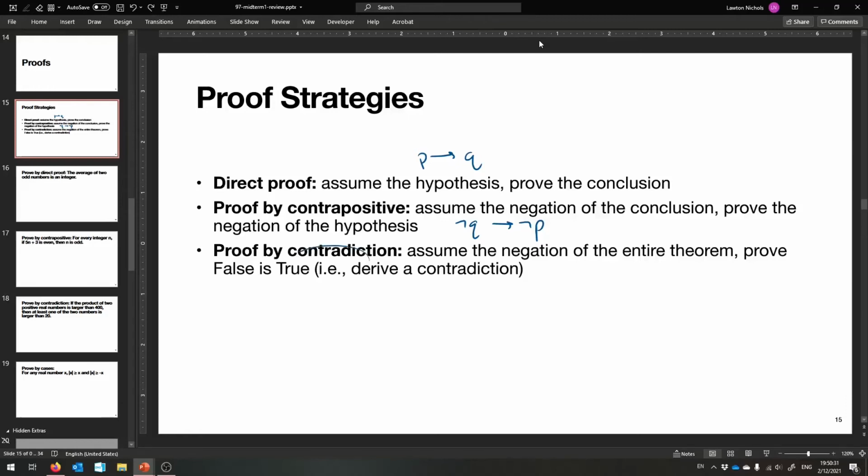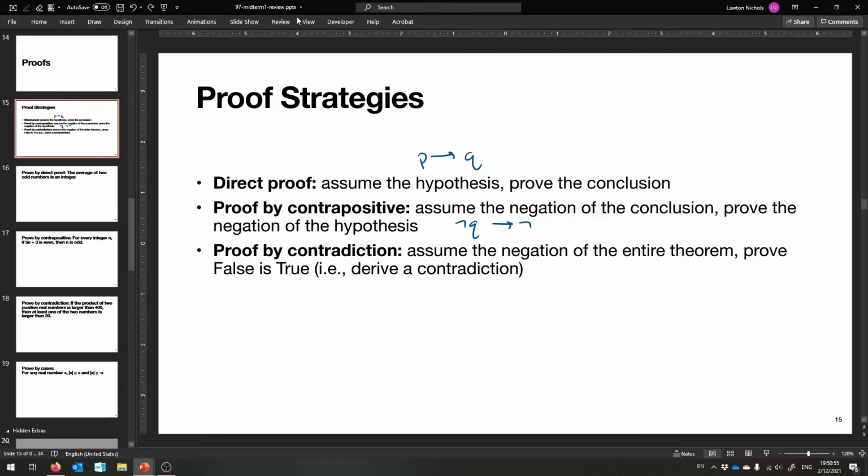And then proof by contradiction is kind of the odd man out because it's not very similar to any of these. It is and it isn't. Okay? So proof by contradiction is, who cares what your theorem looks like. It doesn't have to be an implication for all proof by contradiction cares. It could just be anything. It's like some long string of things with implications and ands and ors and nots. It doesn't matter at all.